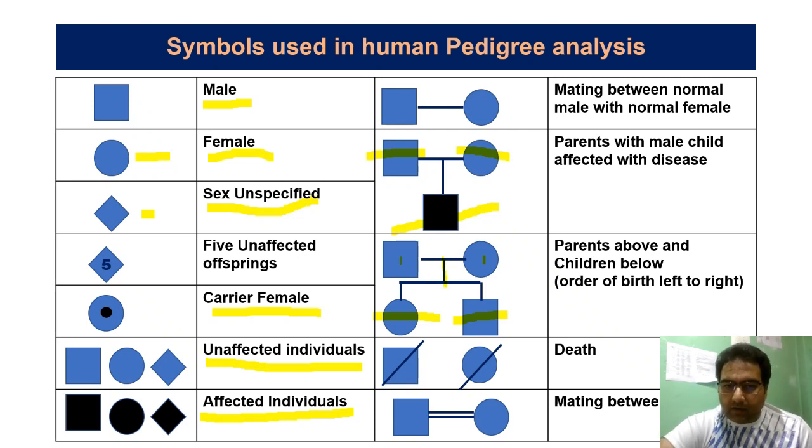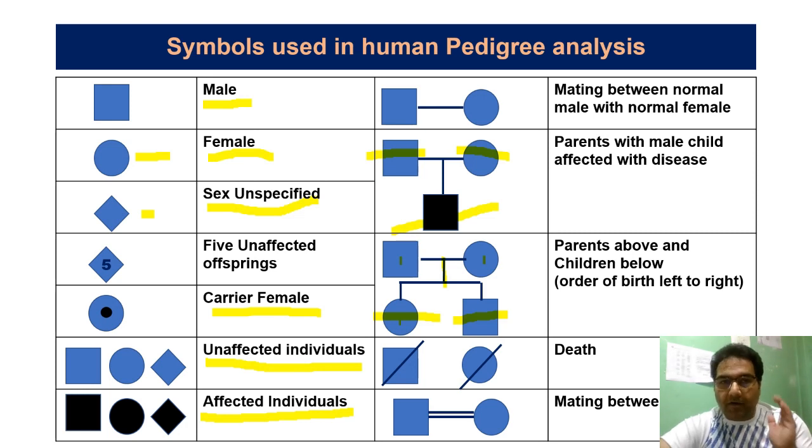Now, the offsprings born are counted from left to right. It means their first offspring is female, and the second offspring is male.